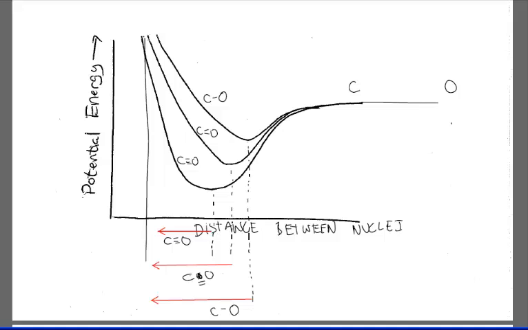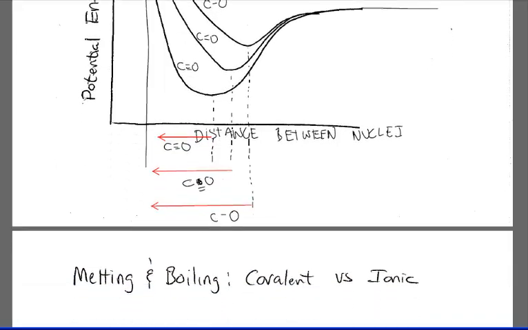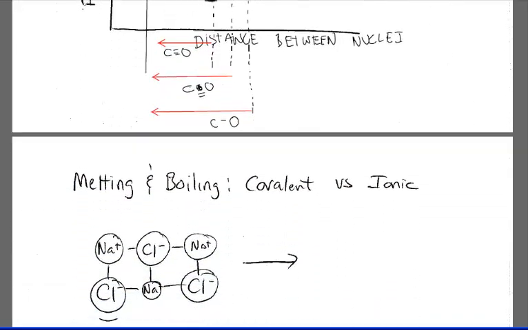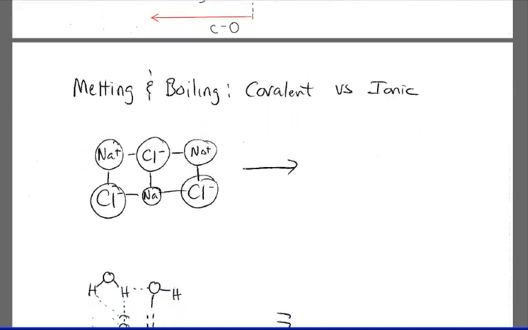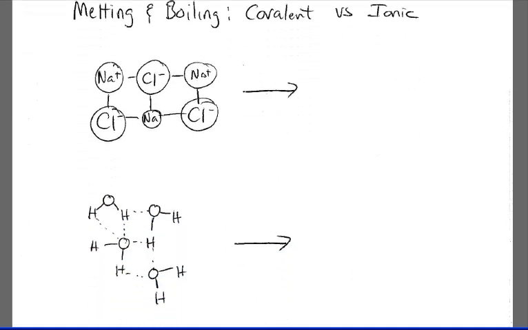Okay, now let's compare ionic to covalent bonding in another way, which is in terms of melting points and boiling points. Okay, so we're going to look at what we know about ionic compounds, which is that they appear in lattices. So here's sodium chloride in a lattice, and when you melt or boil this, you end up with separate sodium chloride species in space.